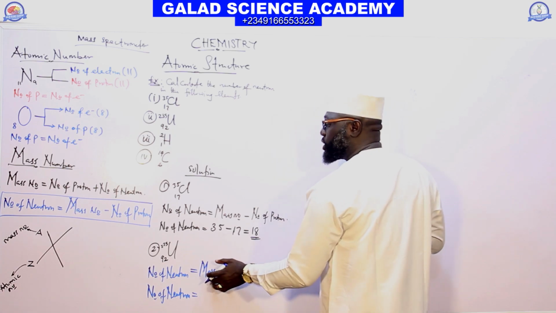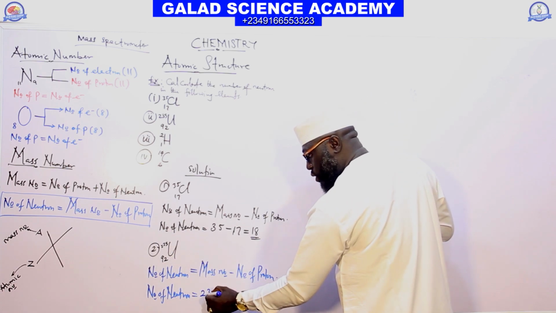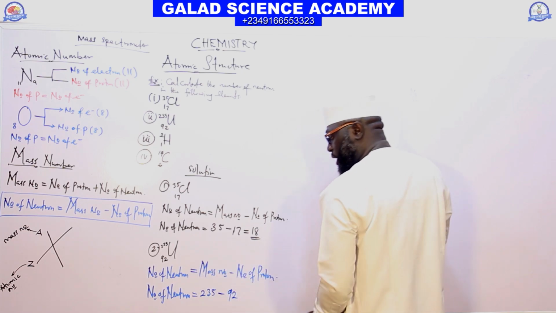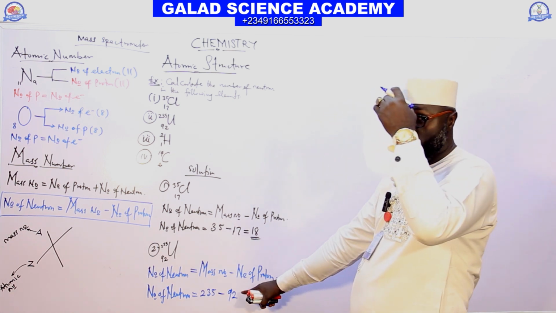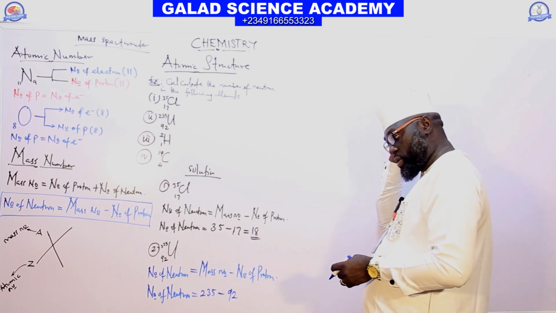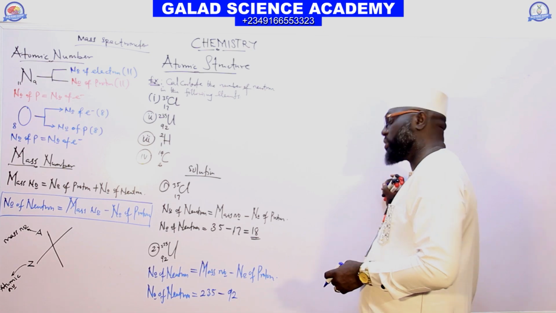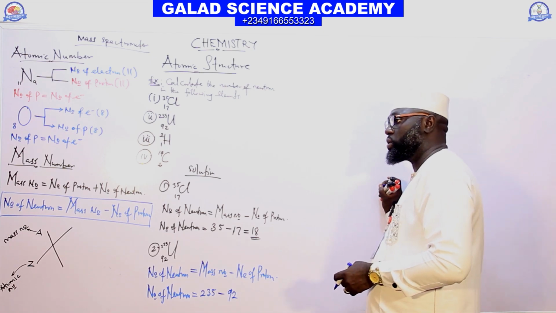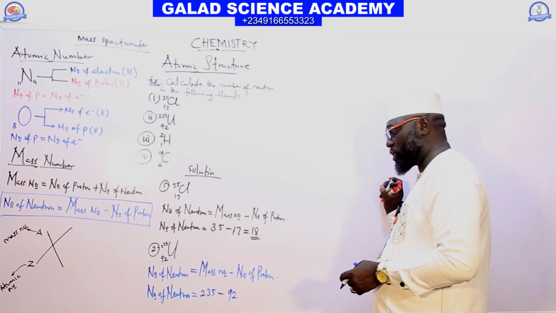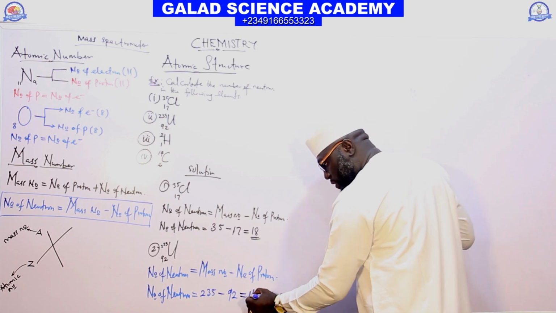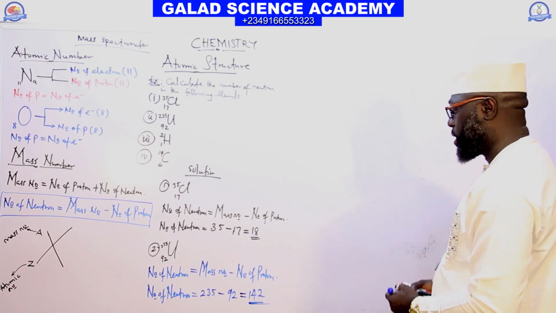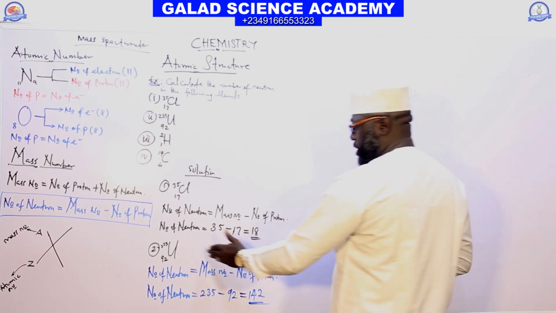The mass number is 235, and the number of protons is 92. If you subtract 92 from 235, you have 143. So you have 143 as the number of neutrons in uranium.